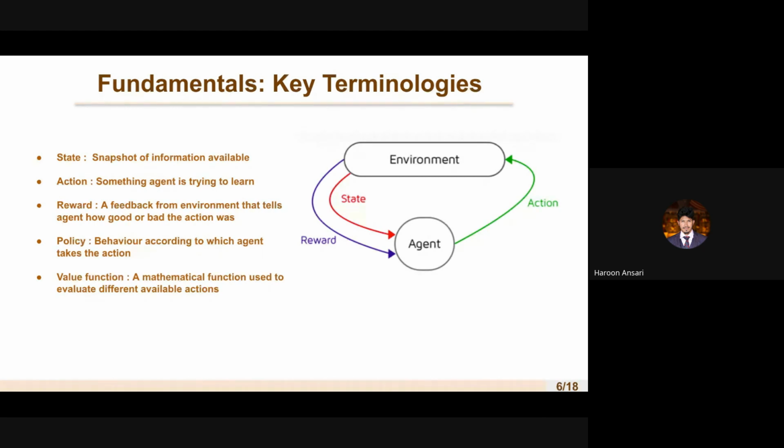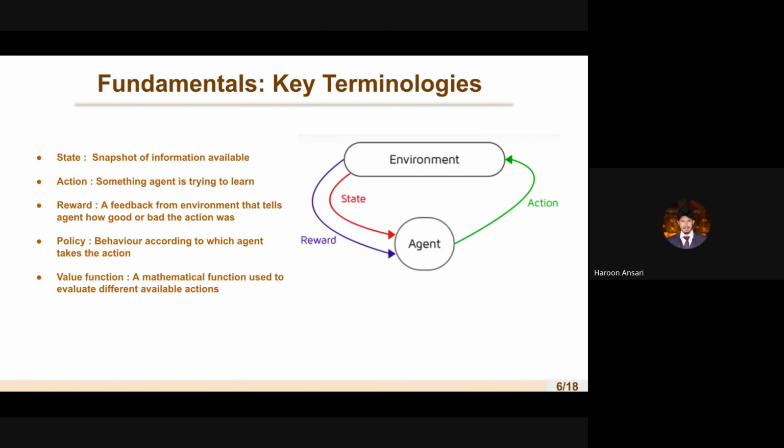Now the last term is the value function. It has to be mentioned here because it will come up later. Value function tells the agent how good an action is. It essentially assigns a value to the tuple of state and action.